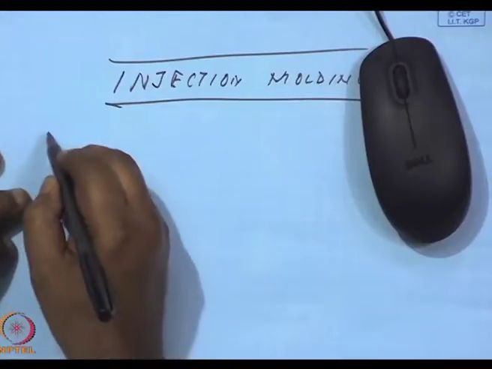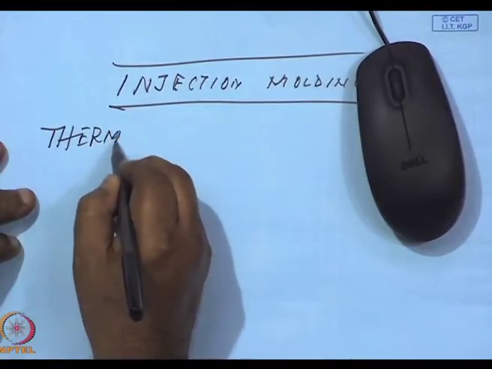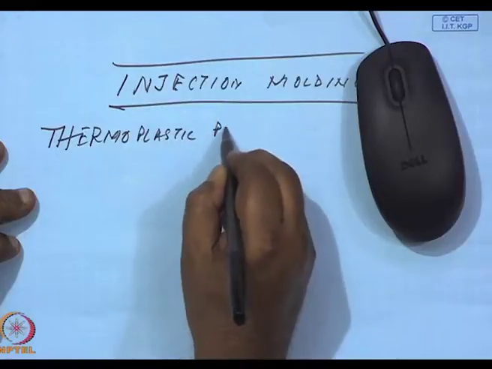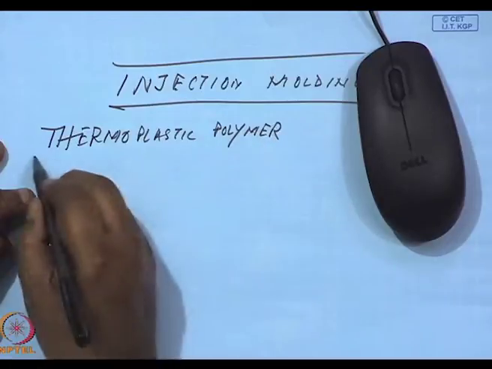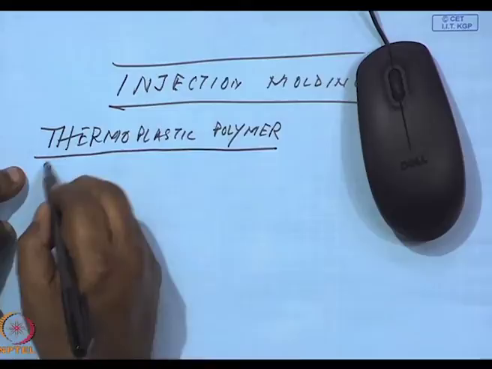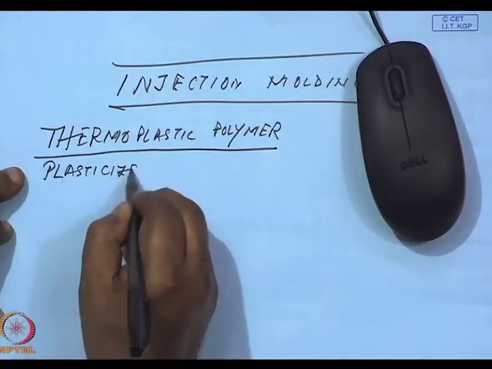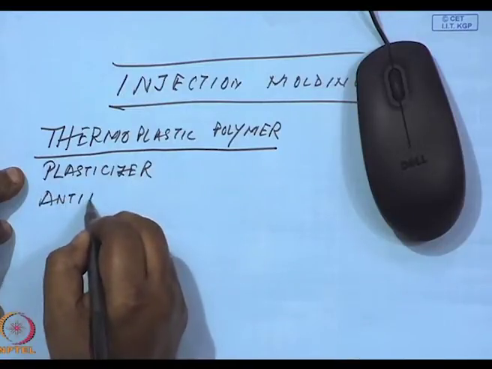The difference is in injection molding, we use only a thermoplastic polymer along with a plasticizer and anti-foaming agent.